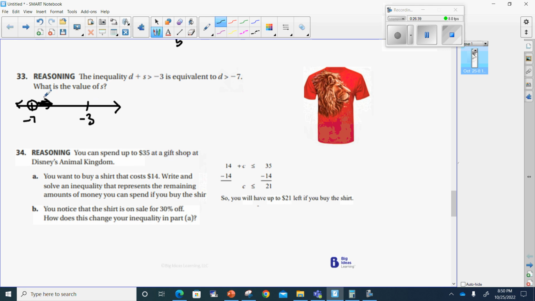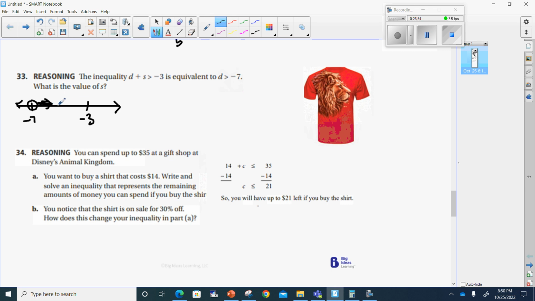So let's examine that. If I know that D has to be bigger than -7, which includes all these numbers, and I know that D plus S has to be bigger than -3, the value of S has to be what?